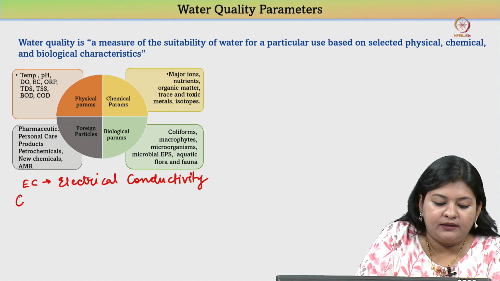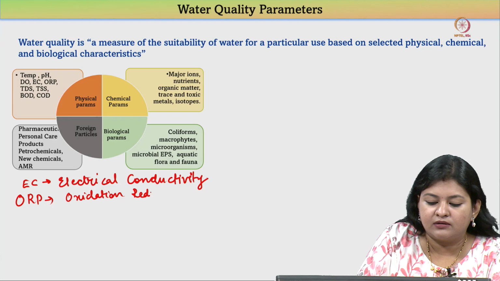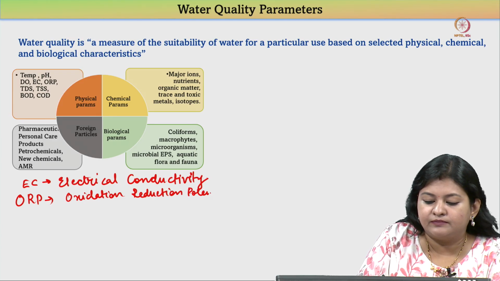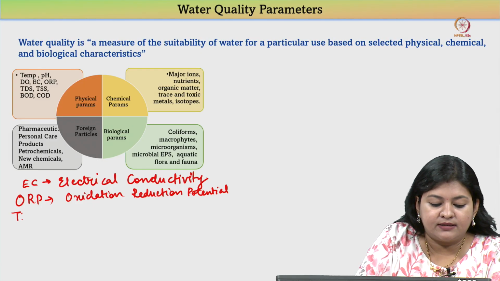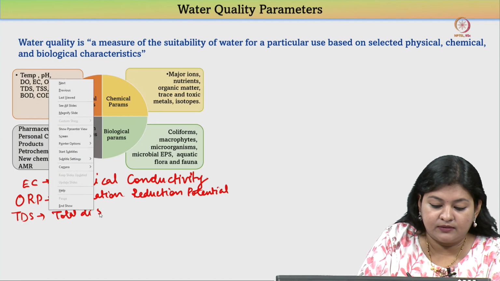Then ORP. ORP stands for oxidation reduction potential. Then there is TDS. TDS is the total dissolved solids.